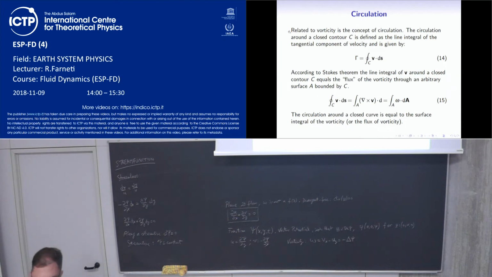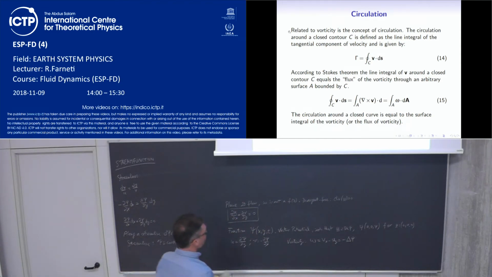So if you have the streamlines, you can build your stream functions, of course. The equation for the streamline is also giving you the stream function. So along a streamline, the stream function doesn't change. Along the streamline, psi is a constant.